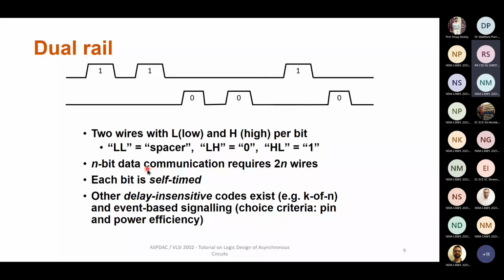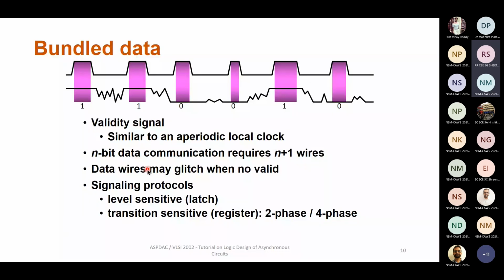When they were designed, it was found that the area overhead was so large that we could not beat the synchronous version, because of dual rail. And then came bundled data, which showed much better area efficiency.